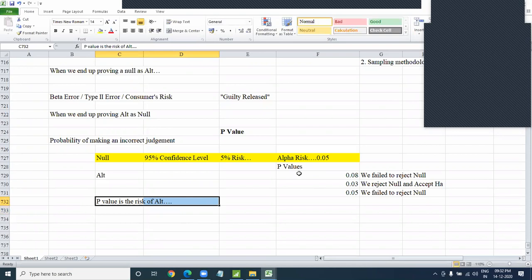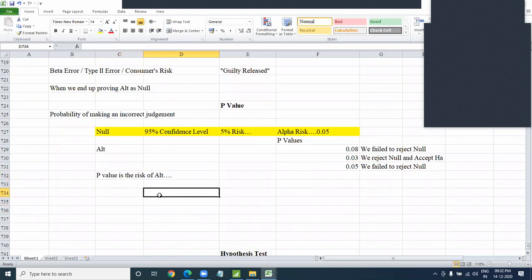If your p-value is less than 5%, then you reject null and accept alternate. Why? Because you have a lesser risk. The alternate risk, which is the p-value, is less than 5%. I will reject the null and I'll accept the alternate.